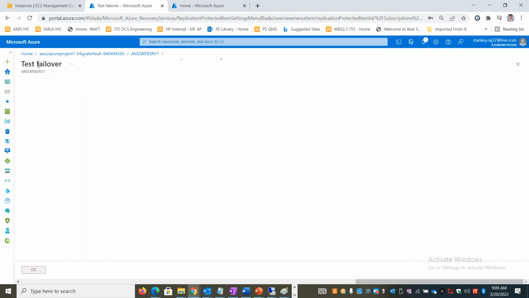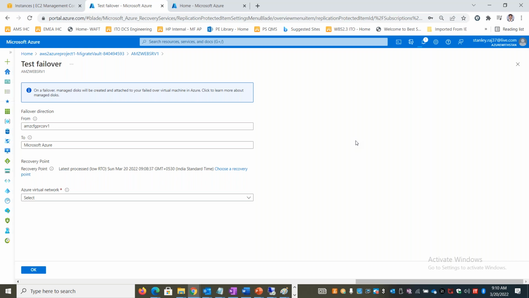If the destination environment already has machines running in the same virtual network, you should definitely not do a test failover to the production network. Instead, you should create a test subnet or test VNet just for testing, because the testing might impact the production environment. There might be an IP conflict, or an existing machine might get an SID mismatch or conflict.